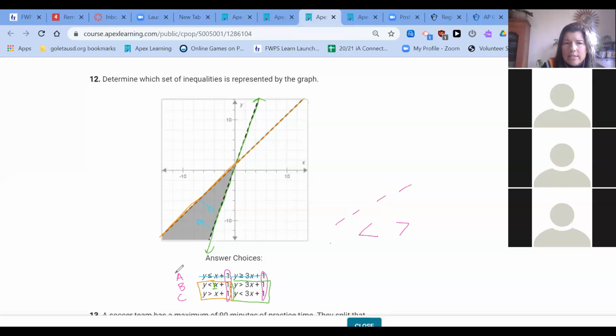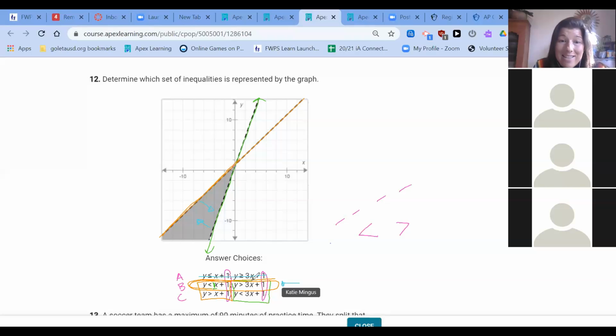So which answer choice, B or C, is shading below the orange and above the green? So above means greater than, or is synonymous with greater than, and below is synonymous with less than. Good. So B is the correct one.